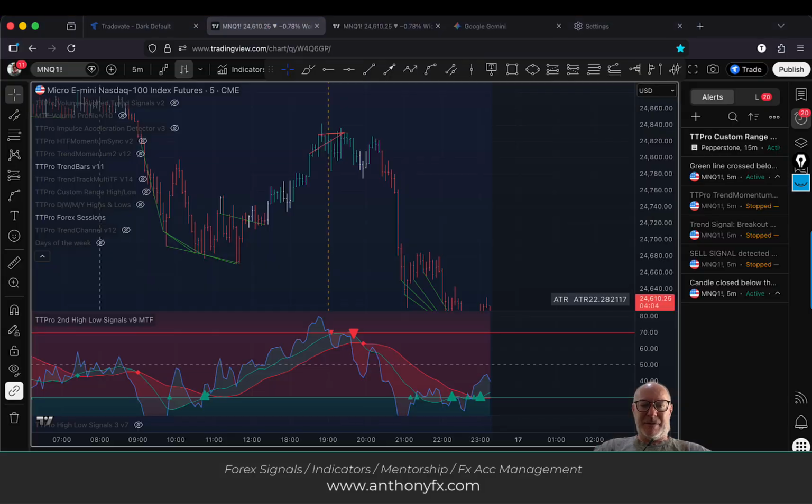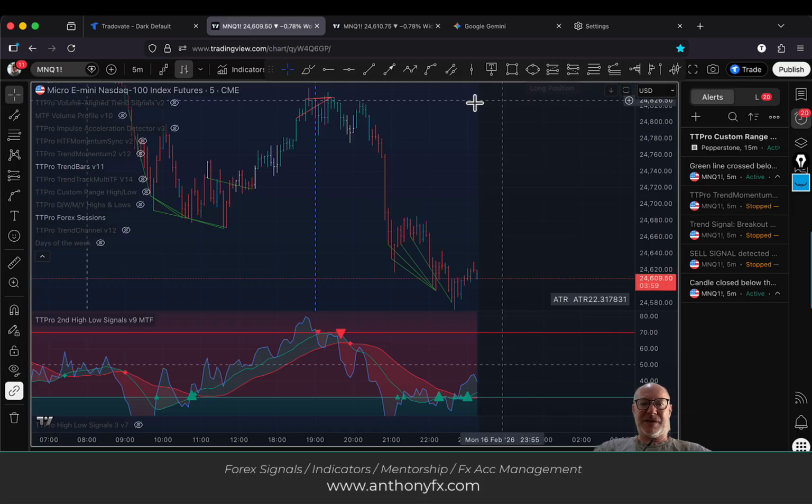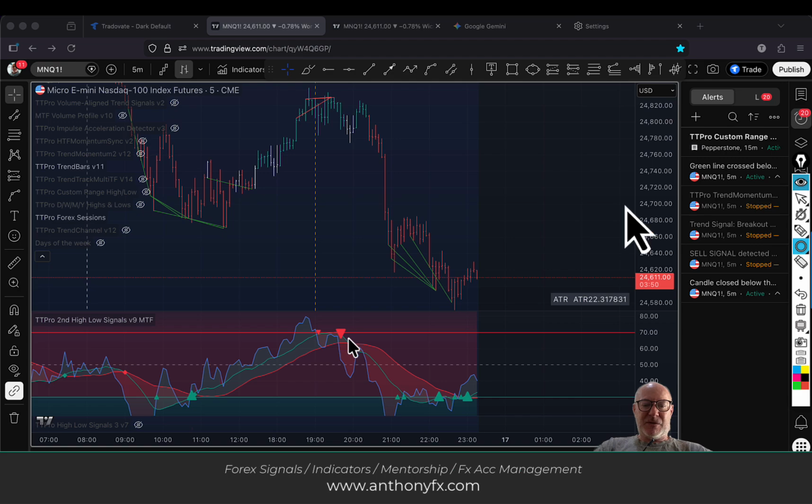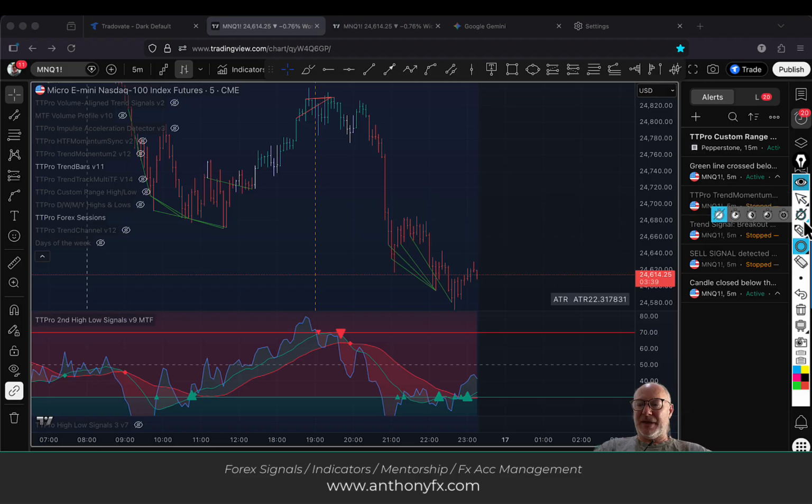So coming back to this, I actually entered on this. We're looking for this crossover here, and especially after it leaves this area and then you get that crossover. Green crossover red, that was the alert. That's the first alert that goes off. That one right there. These guys bring you into the chart, and then this one here is telling you to get serious. Now, we know that we're looking for that, right?